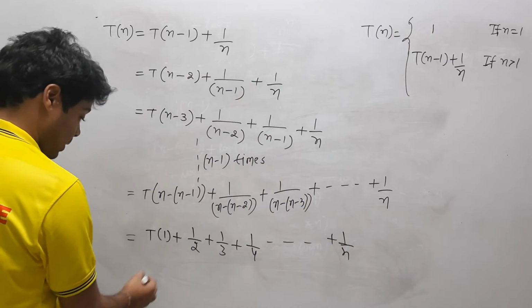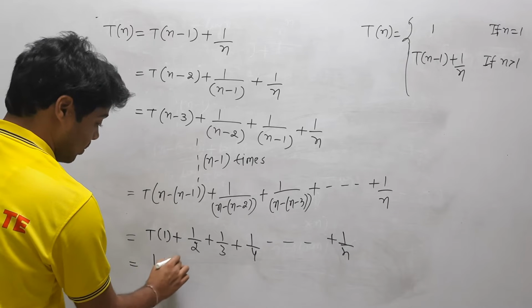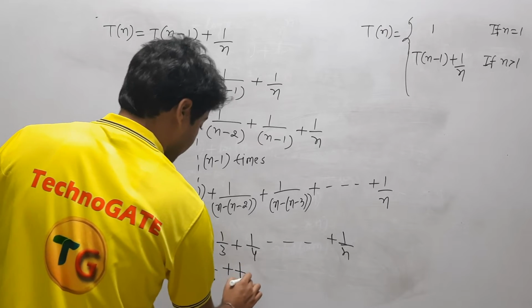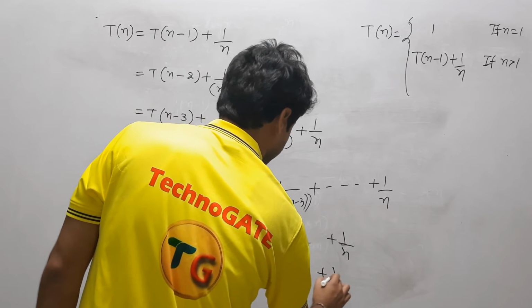So T of 1 is 1, plus 1 by 2 plus 1 by 3 plus 1 by 4 up to plus 1 by n.